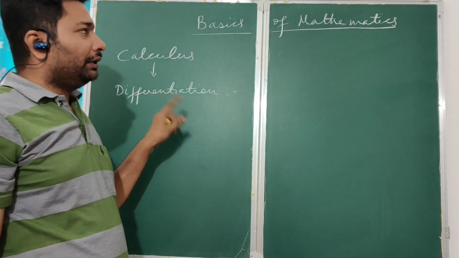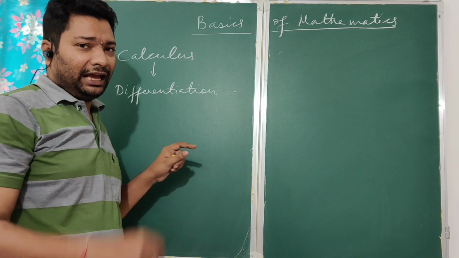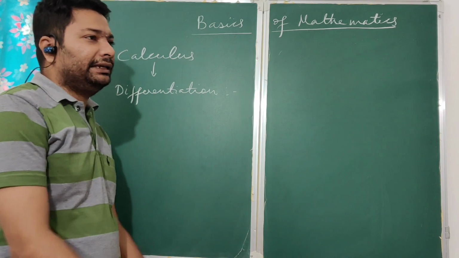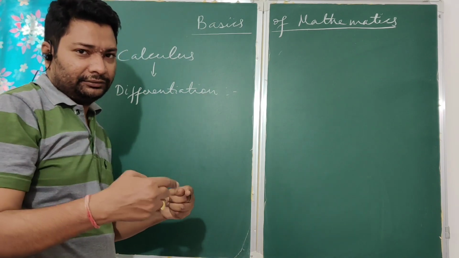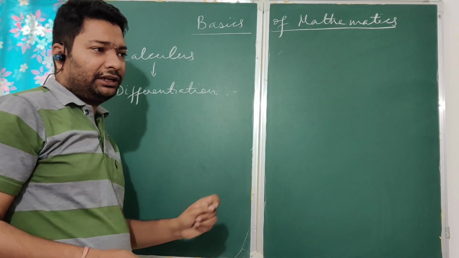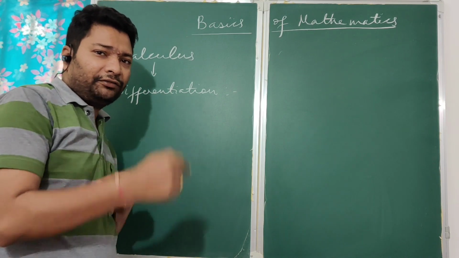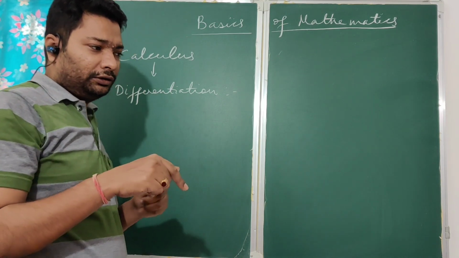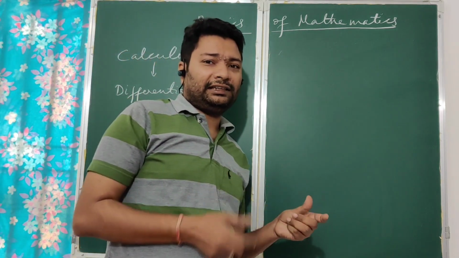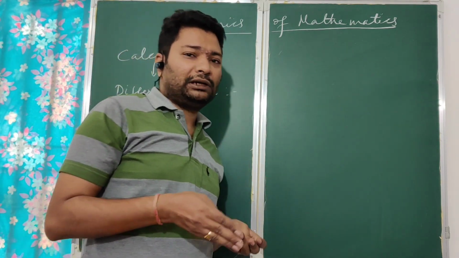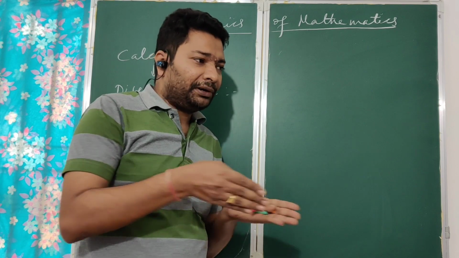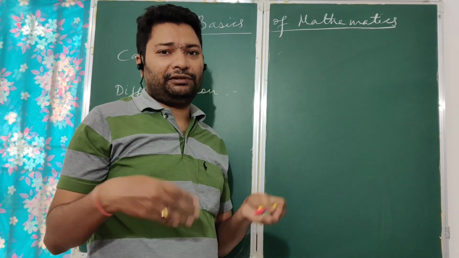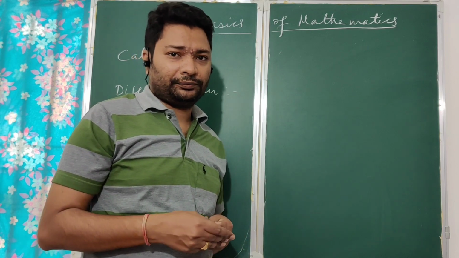Whatever we are going to learn in calculus is actually contributed by Leibniz, because whatever calculation Newton did, he did it for himself. He did not do it for others. Whereas Leibniz tried to develop calculus as a separate branch of mathematics which can be very helpful in physics.